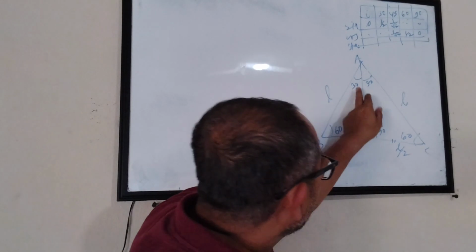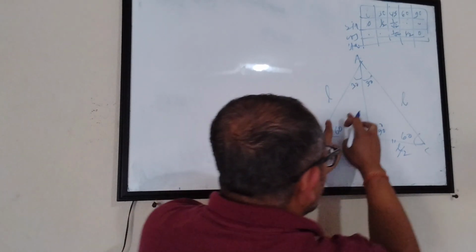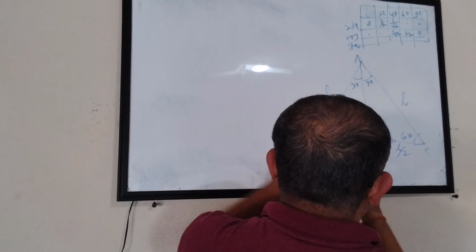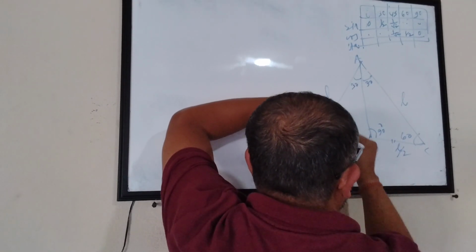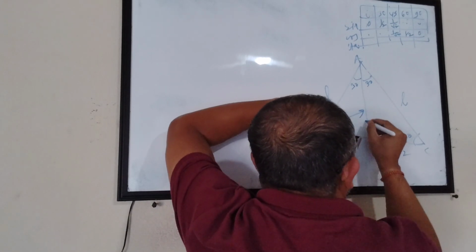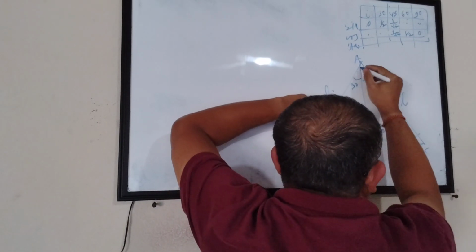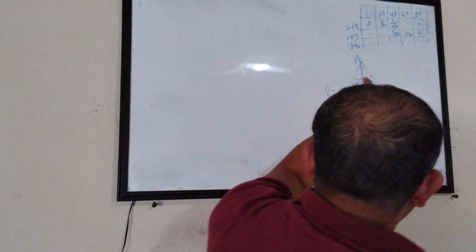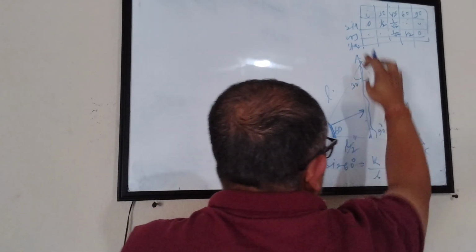Now, you found sine 30 degree. Let's do sine 60 degree. Sine 60 will be, if this is theta, we have to find sine of this angle. That will be this side divided by hypotenuse. I don't know what this is, let's say this is K. So K divided by L.